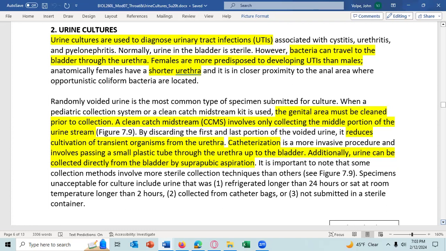But frequently the infection, if it is a mobile bacteria, will just crawl up from the urethra, infect the bladder, crawl up from the bladder to infect the ureters, and can crawl up the ureters to actually infect the kidneys. Females are more predisposed to developing a UTI than a male, and that's simply because they have a shorter urethra.